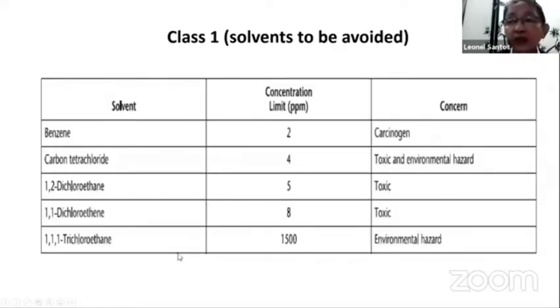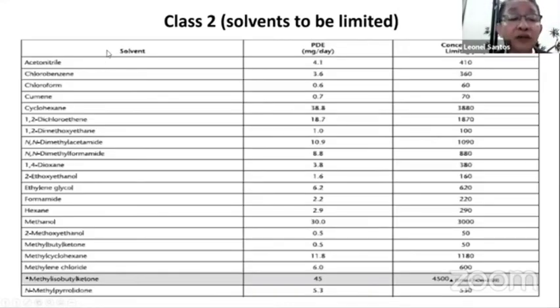And then class 3 would be the solvents that have low toxicity. So this slide describes to you the class 1 solvents to be avoided, and you see that the concentration limits are in the low ppm. The concerns are listed in this table, having the carcinogenic and toxic effect to humans.